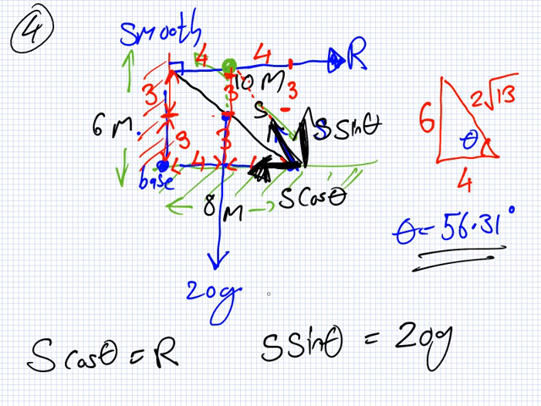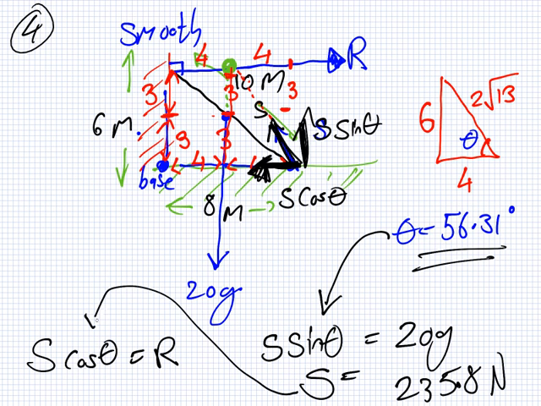Oh, sorry, I should put it in here first to get the S. S equals 20g divided by sine 56.31, which is 235.8 newtons. And if I put that in here, I can get the R. So I get 130.8 newtons.